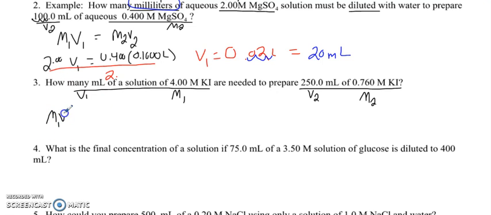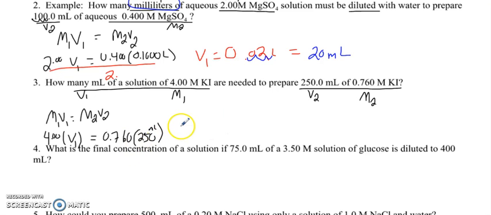So if we start with M1 V1 equals M2 V2, and let's plug in what we know. So we know that we have a 4.00 molar times V1 is equal to a 0.760 molar times 250 milliliters. You really could plug in 250. I'll show you. It'll work since I'm asked for milliliters out. But just keep in mind, you're doing that with milliliters, not with liters.